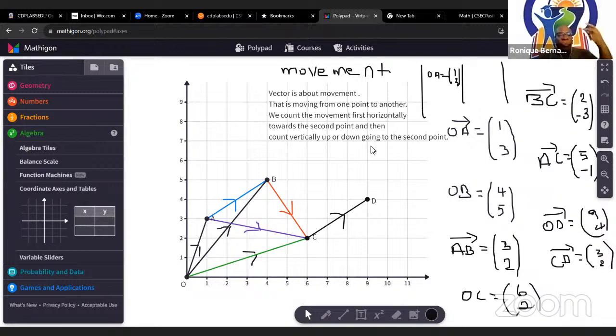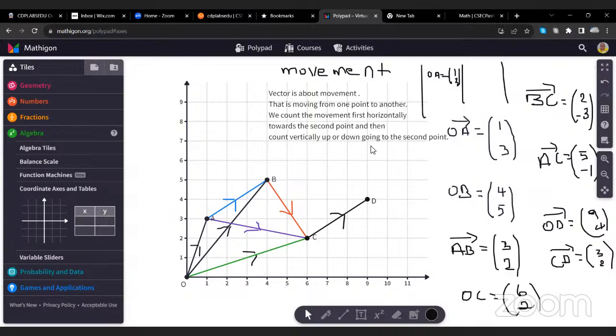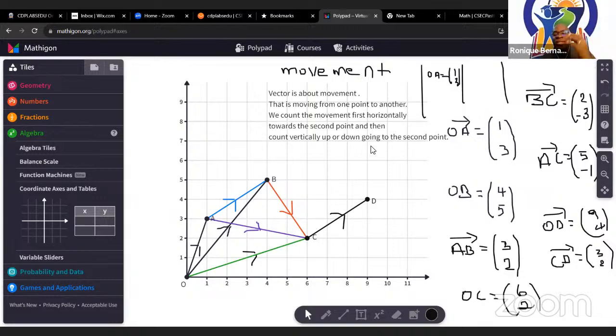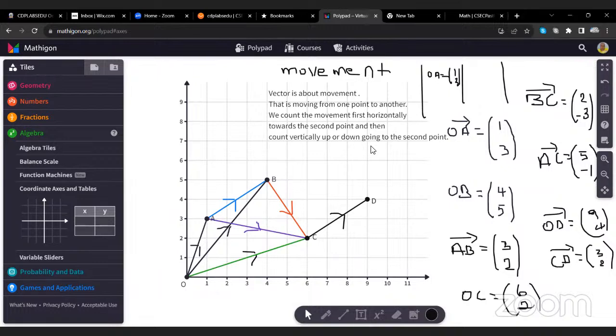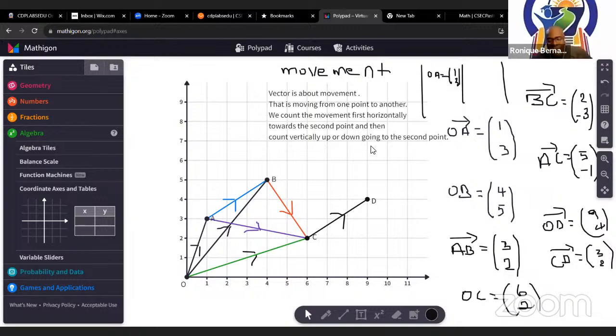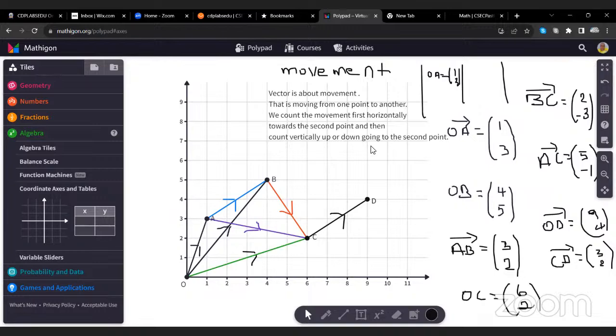Yes. You have to use the two position vectors to get the displacement vector. OA and OC. You use both OA and OC to get AC. So two position vectors and a displacement vector. Exactly. So you realize how much you learn by just observing.